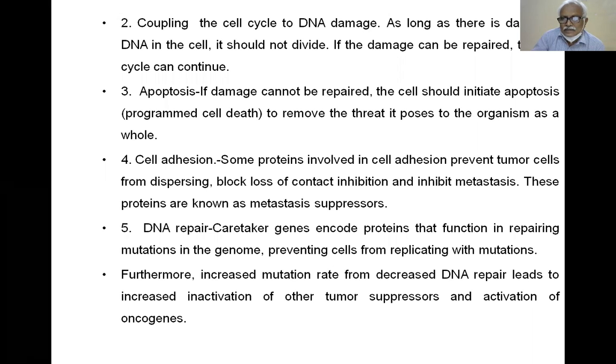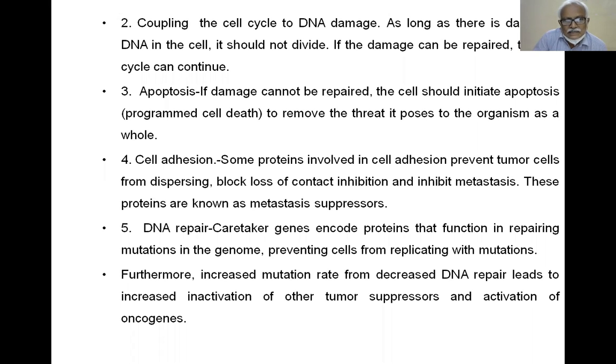If we have sprinkled some organophosphorus compound to cut short the infection to the plants, if nothing took place, what we have to do? We have to cut away the branches. At least the new branches will come out with new leaves, and the growth of the tree will take place, isn't it? So apoptosis is, if damage cannot be repaired, the cell should initiate apoptosis.